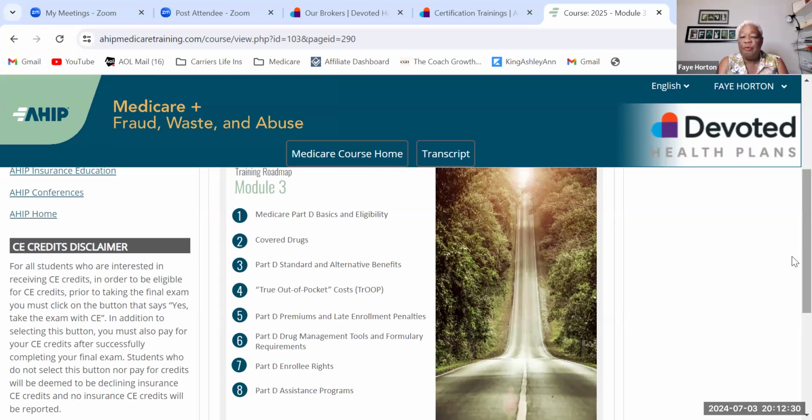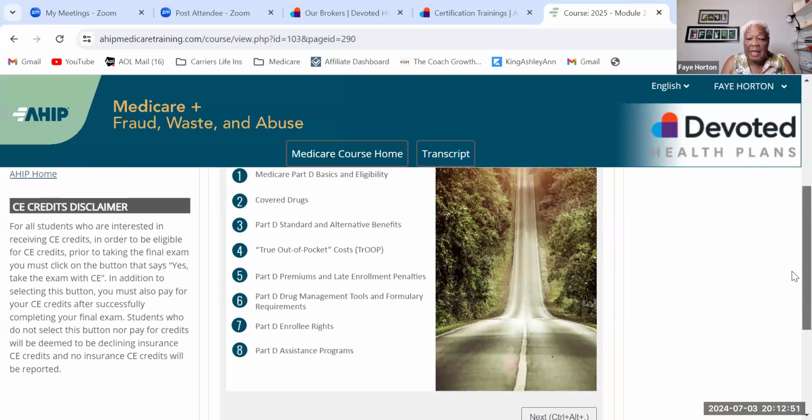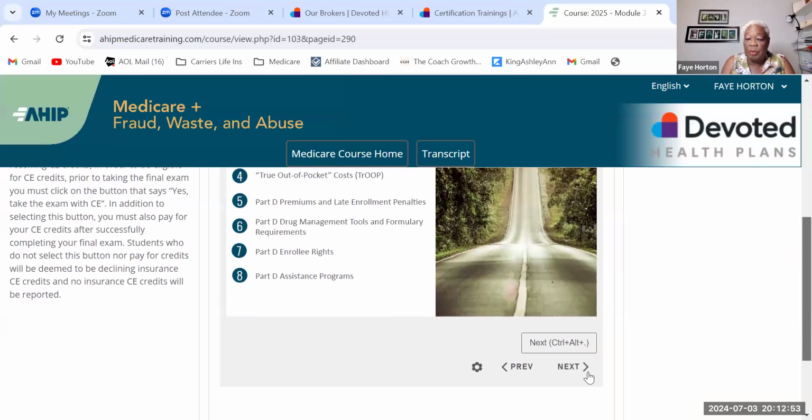The roadmap for Module 3: Medicare Part D Basics and Eligibility, Covered Drugs, Part D Standard and Alternative Benefits, True Out-of-Pocket Costs, Part D Premiums and Late Enrollment Penalties, Part D Drug Management Tools and Formulary Requirements, Part D Enrollee Rights, and Part D Assistance Programs.